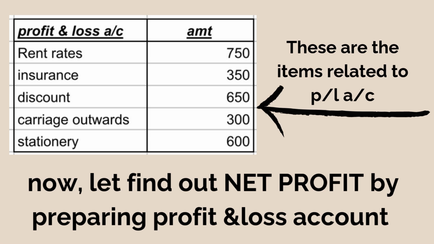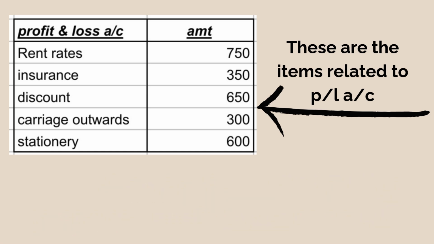As you see on the screen, we have transferred gross profit to 'by gross profit' from the trading account to the P&L account. Now let's write all office related incomes and expenses in the P&L account. Here we have only expenses, we don't have any income in the P&L account. Therefore fill all the details into this.